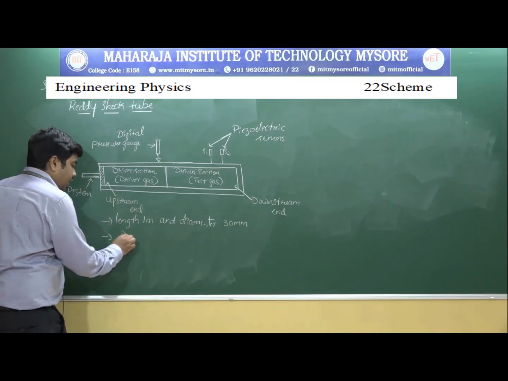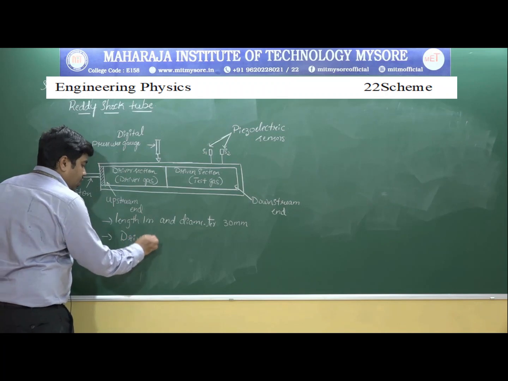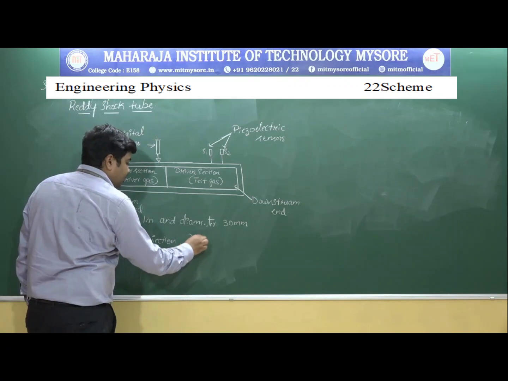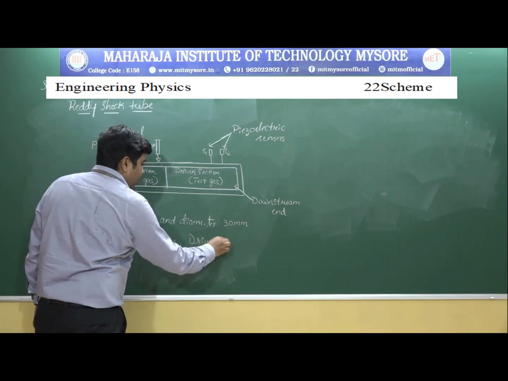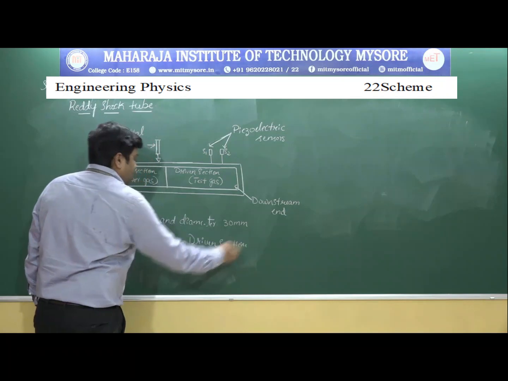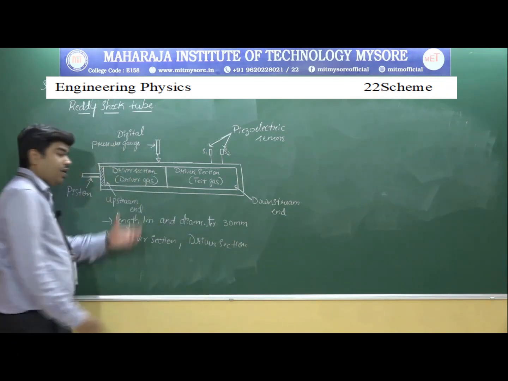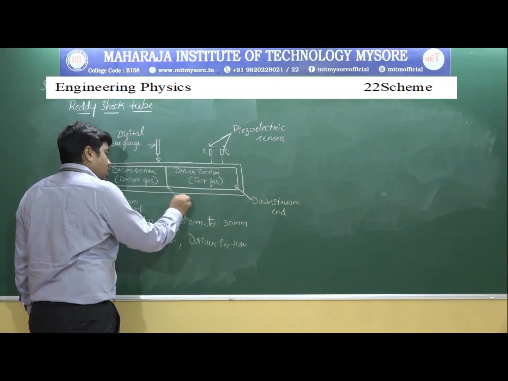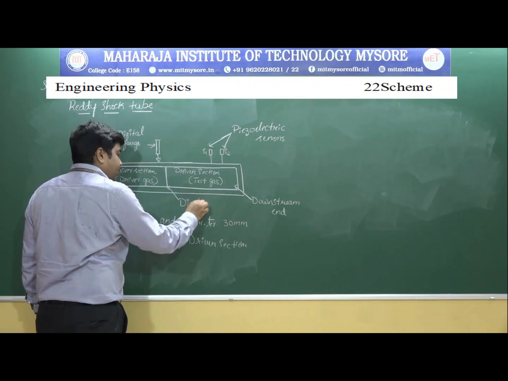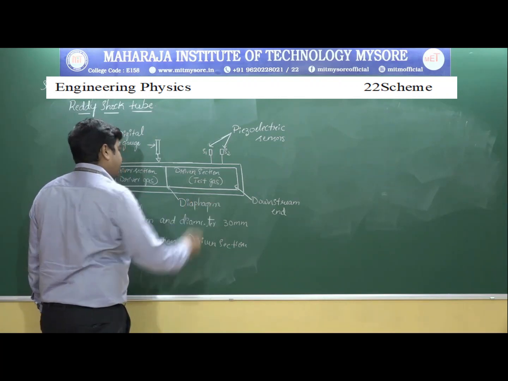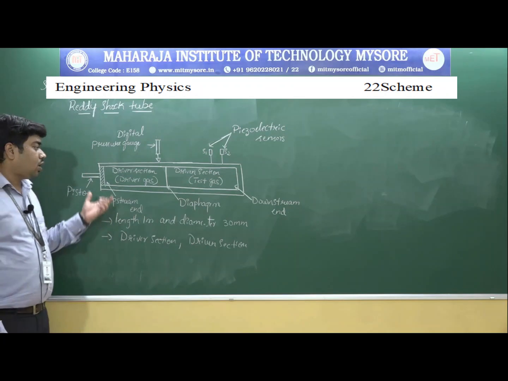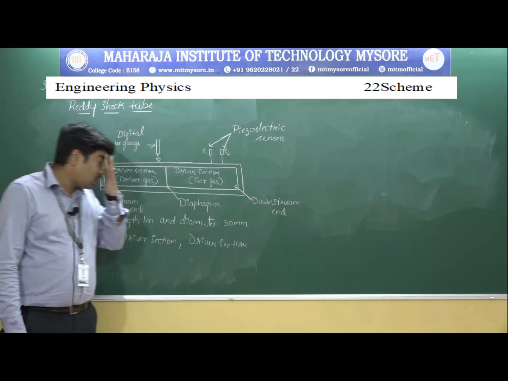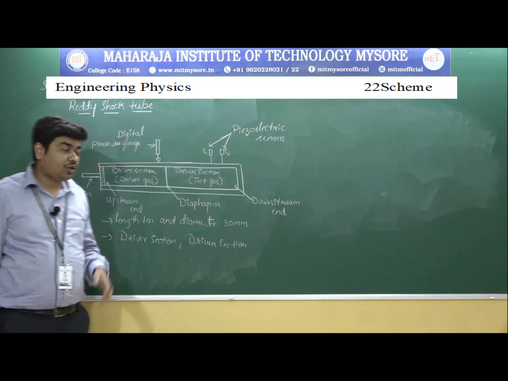One is called the driver section and the second one is called the driven section. And the driver section as well as the driven section are separated by a diaphragm. One end of the driver section is fitted with a piston and the other end of the driven section is sealed with the steel tube.